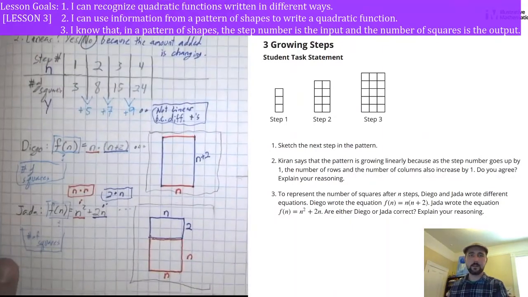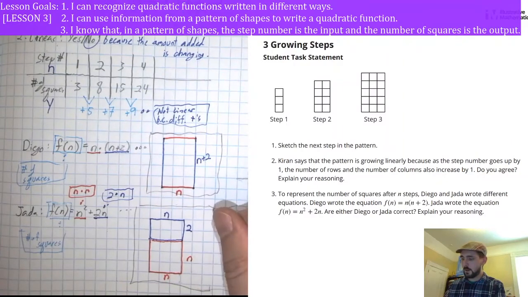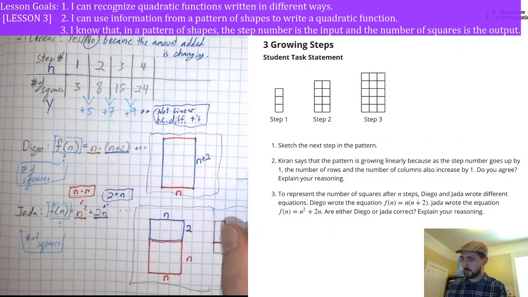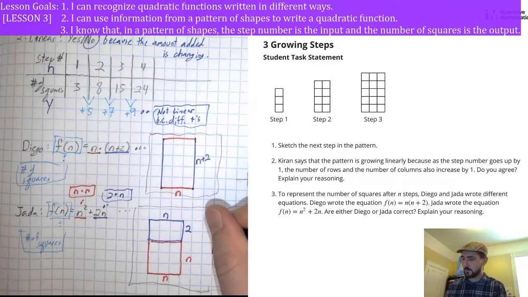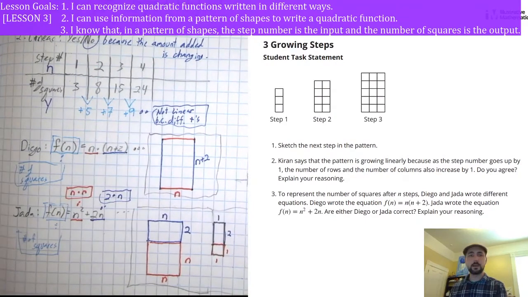Let's extend our thought bubble. So step 1 is Jada's 1 by 1 square capped by a 2 by 1 rectangle. Does that work? Yeah.